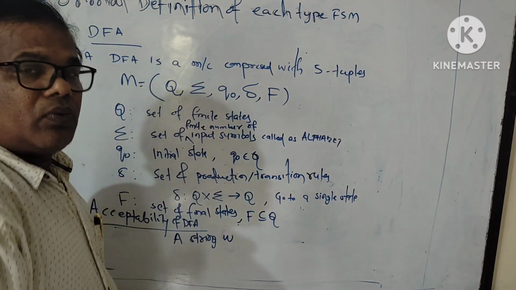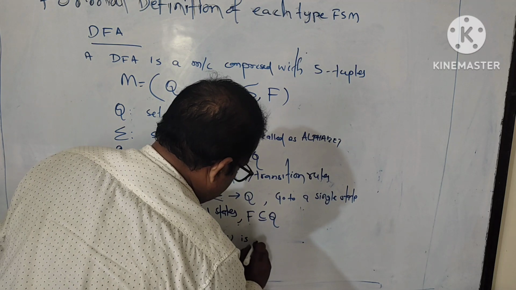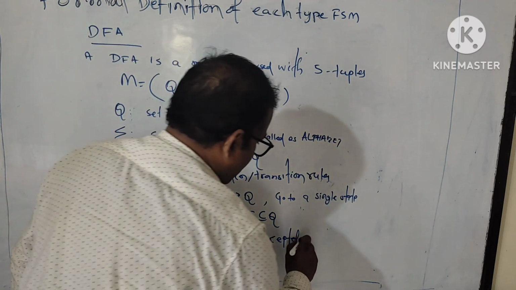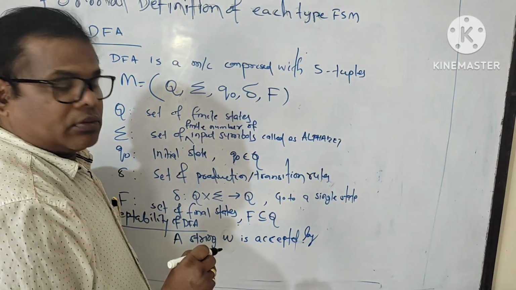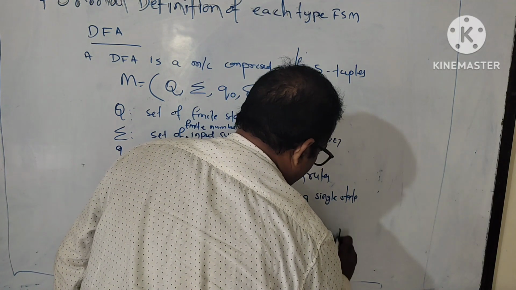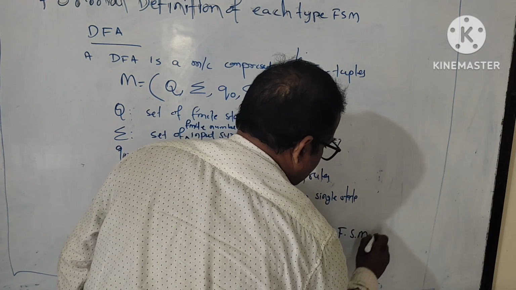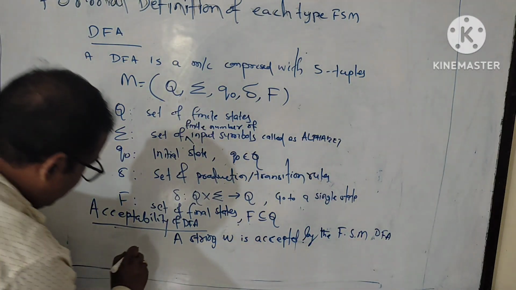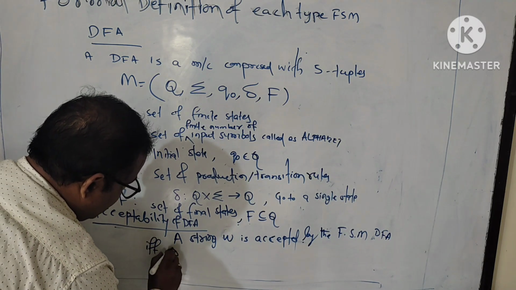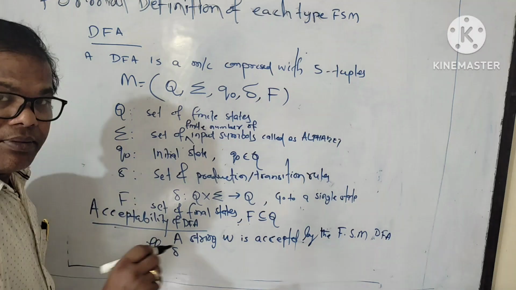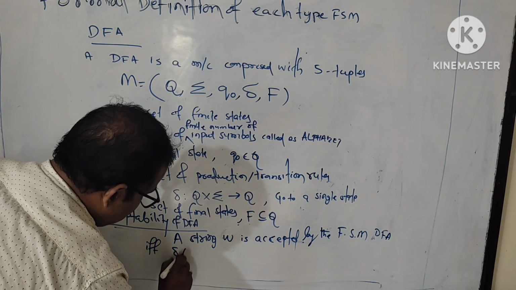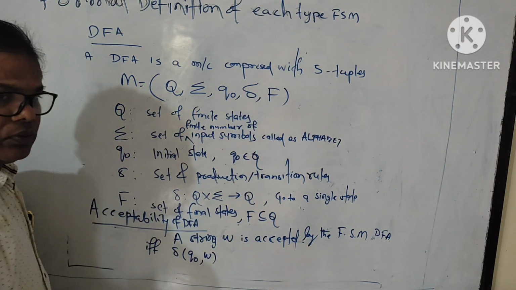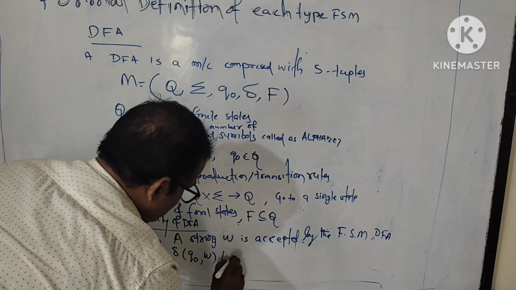A string W is accepted by the finite state machine DFA if and only if there is some transition or set of transitions that drive the string W after some point to the final state.